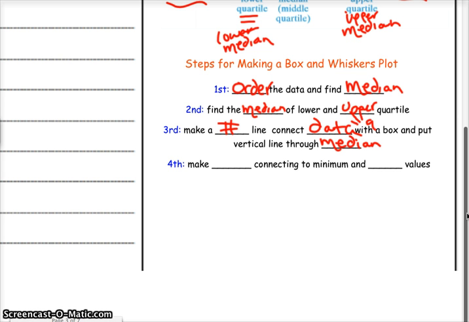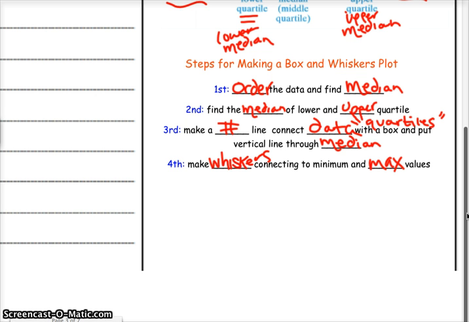So this data could be the lower and upper quartiles. And then you're going to make whiskers that connect the minimum and maximum values.